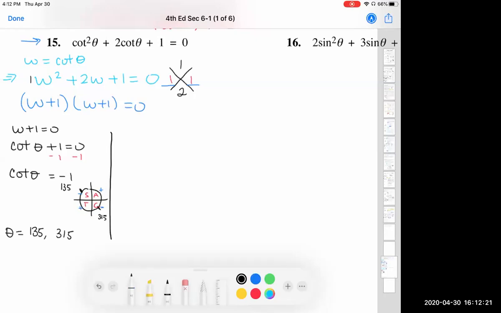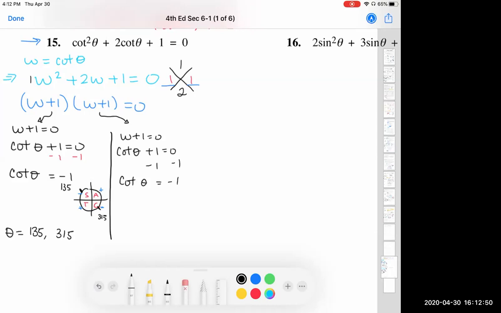But we're not done. That was the first one right here. You have to do the other one. W plus 1 is equal to 0. Let's replace W with cotangent. Cotangent of theta plus 1 is equal to 0. We subtract 1 from both sides. We're left with cotangent of theta is equal to, did I write it wrong? No, it was the same thing twice. I didn't have to do all this work. It's the same thing.